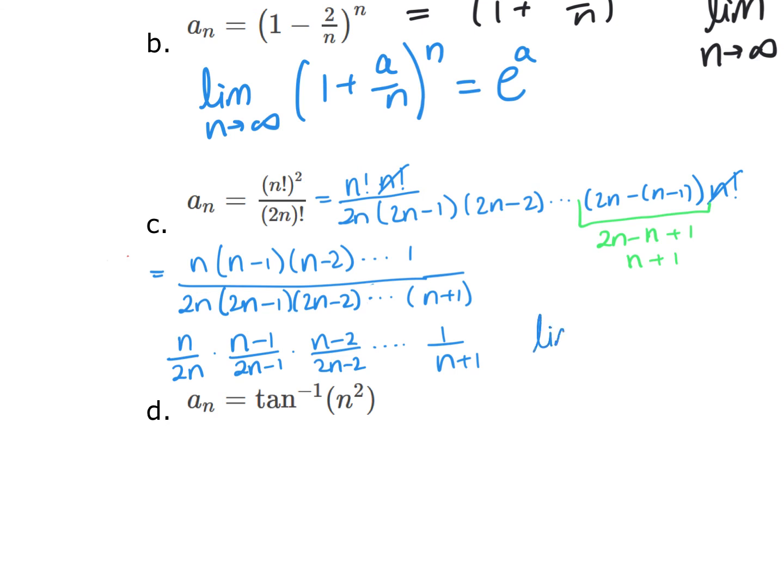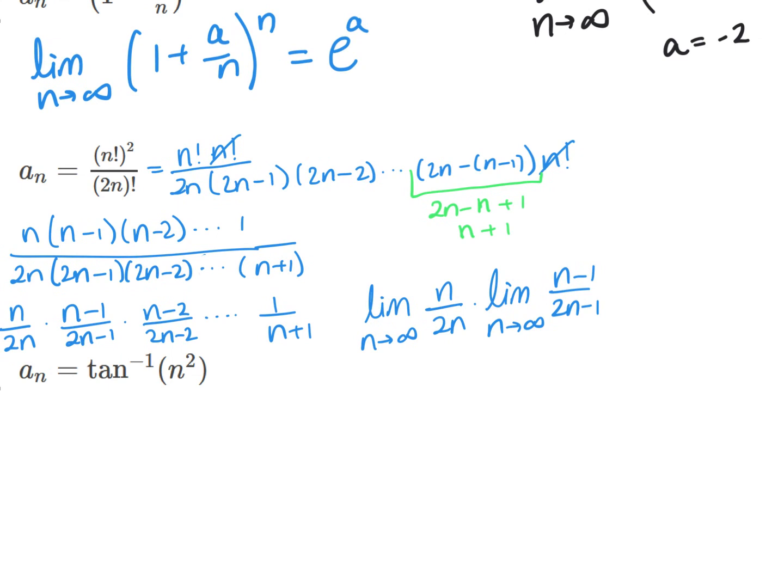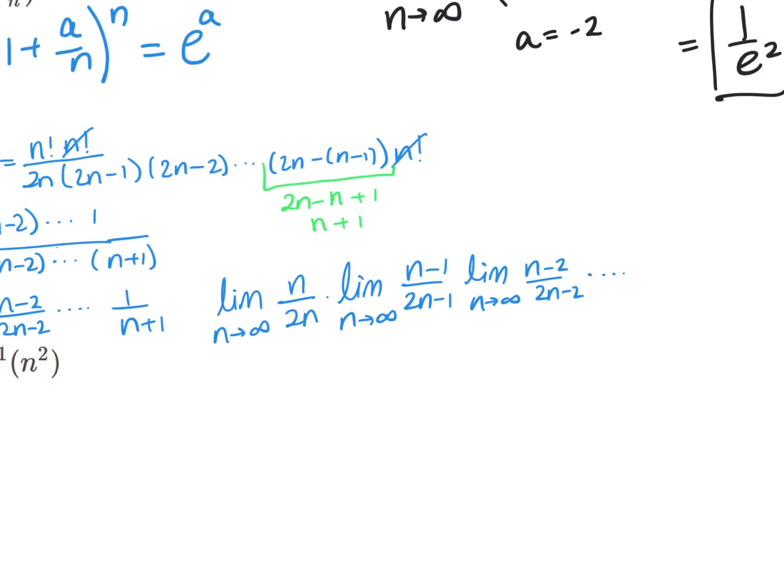So now that we have broken it up in this form, I can finally take the limit. The limit as n approaches infinity is, I can take the limit of each one individually. So n over 2n, multiplied by the limit as n goes to infinity of n minus 1 over 2n minus 1, and the limit as n goes to infinity of n minus 2 over 2n minus 2, dot, dot, dot, until I get down to the limit as n approaches infinity of 1 over n plus 1.